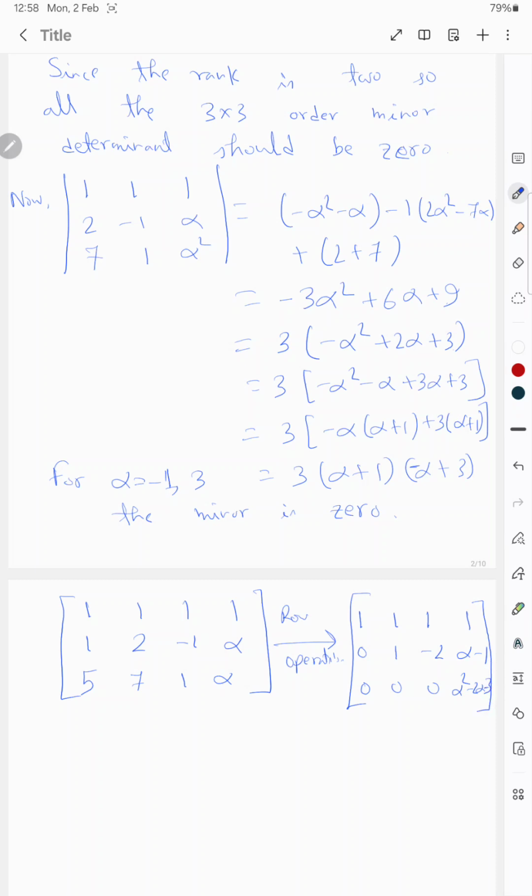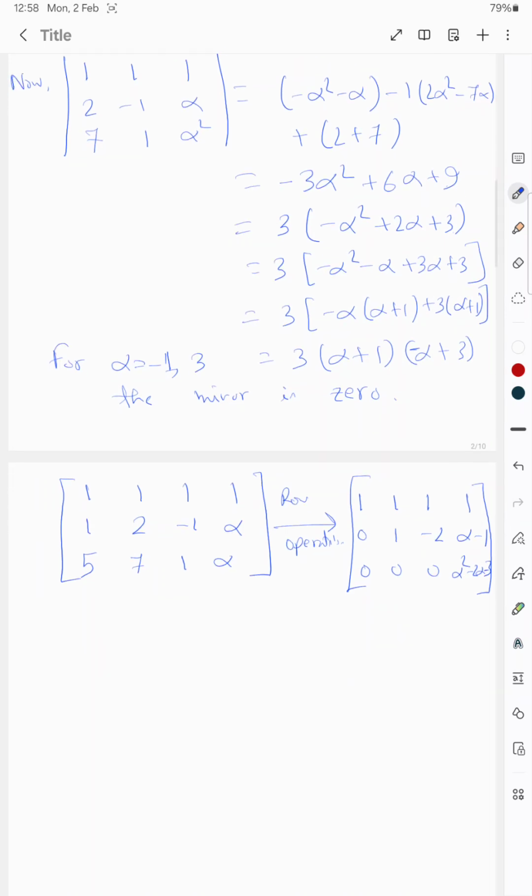So you just make this type of thing. Now after that step, when this rank should be 2, obviously you should get a 0 row. So from there you have alpha square minus 2 alpha minus 3 is 0. So this is equivalent to alpha minus 3 into alpha plus 1. Actually the same you are getting.